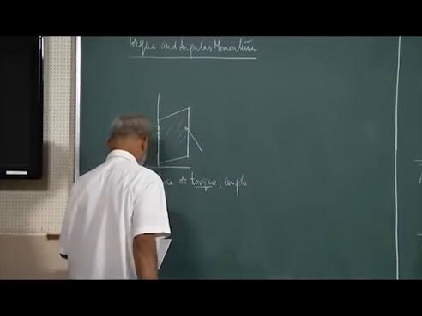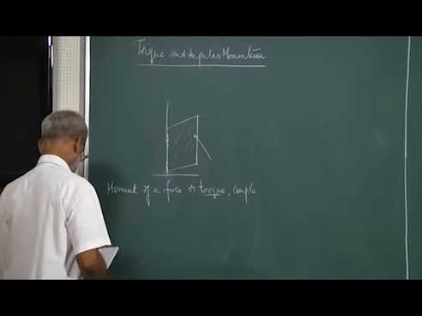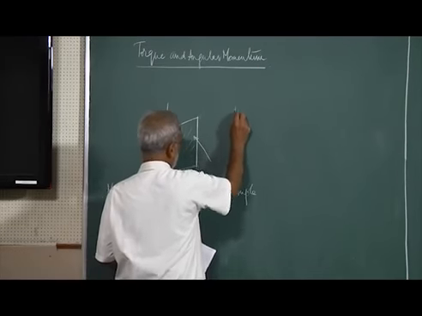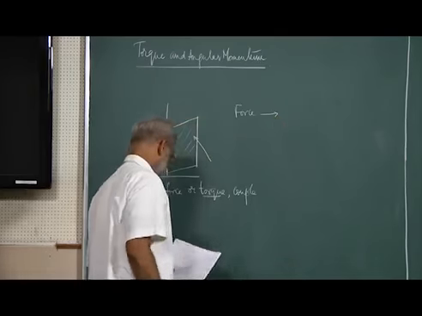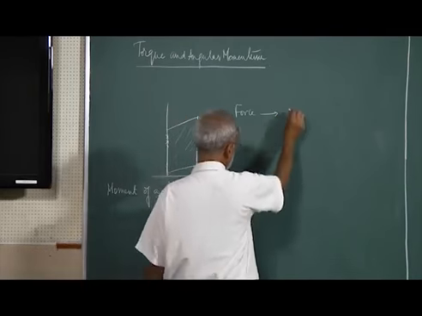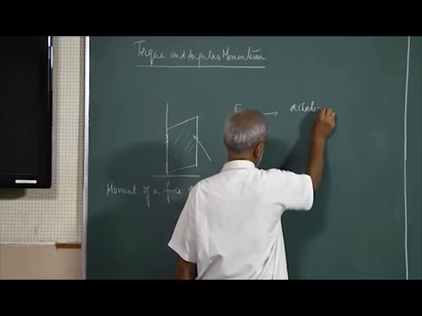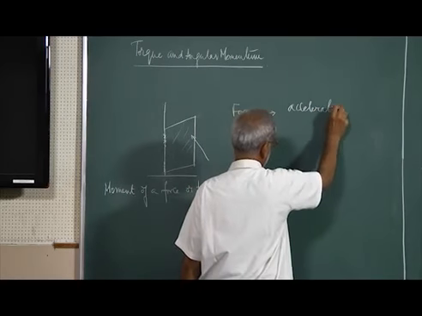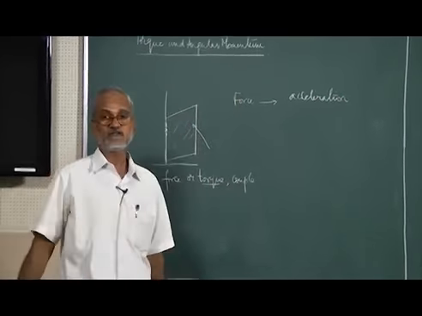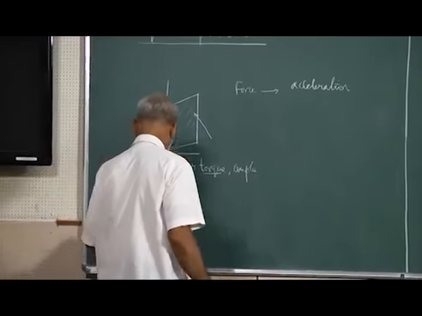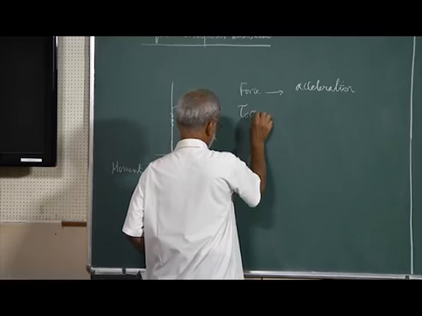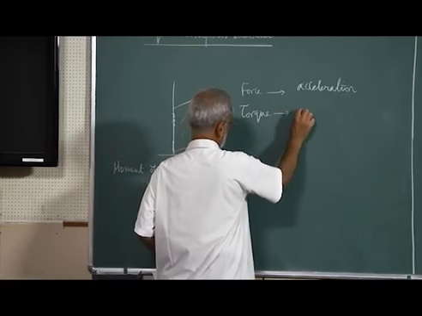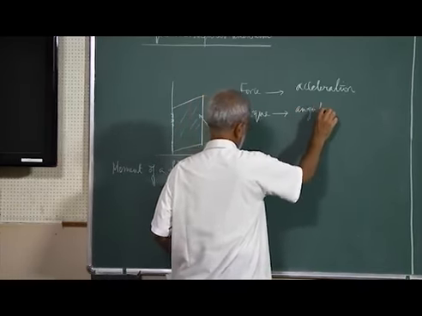We will see what it is. So just like a force can produce acceleration on a body, it is the force that is responsible for causing acceleration of a body, a torque can cause angular acceleration.